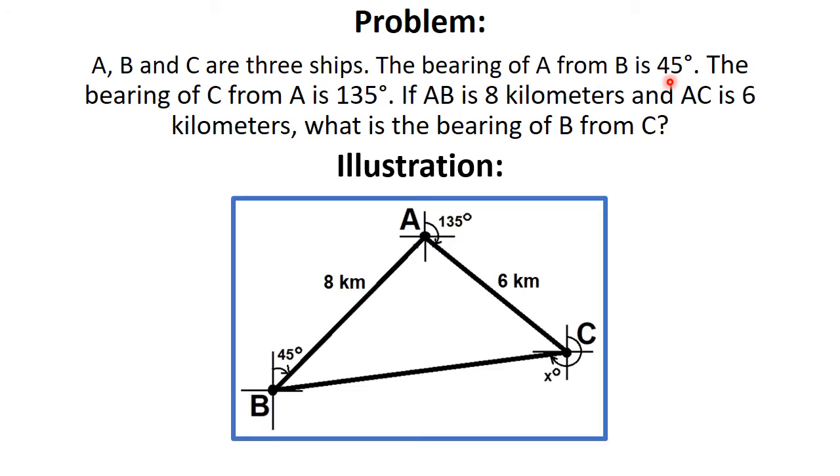Now, we locate one point, which we label as B, and draw the horizontal and the vertical lines of the x and y axis of the north, south, west, and east directions. Recall that in bearing, the initial side is fixed at the positive y-axis of the Cartesian axis, or the north line.